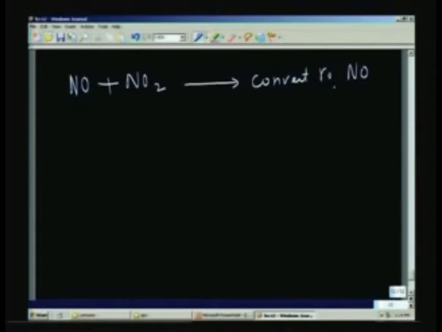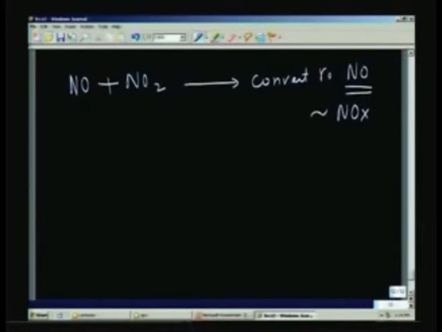I want to convert everything to NO, so that NO plus NO2 is equal to NOx. So, I am converting everything to NO. When you convert the NO2 to NO, this is equivalent to NOx. If I convert all the nitrogen dioxide to nitric oxide, this is a reduction reaction. NO2 has 2 oxygens, NO has only 1 oxygen, so I have to reduce the NO2.